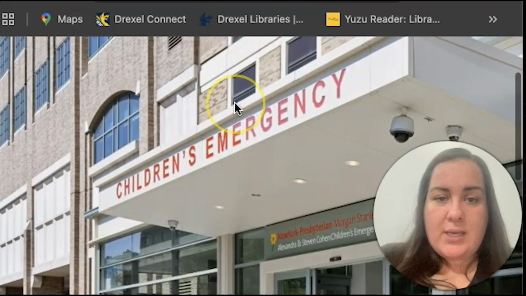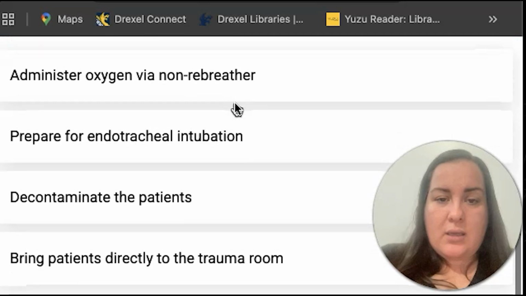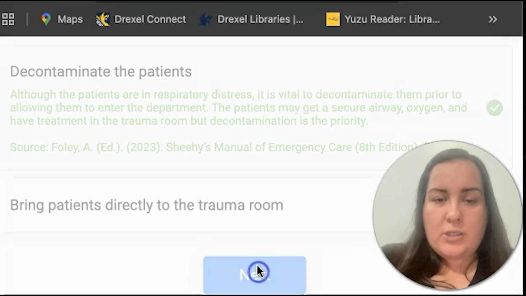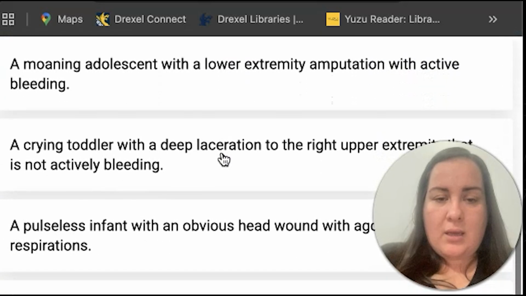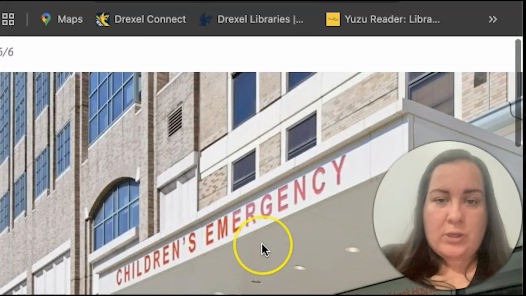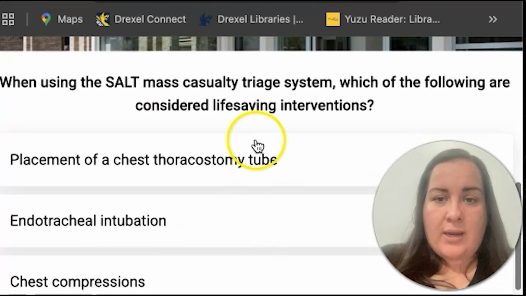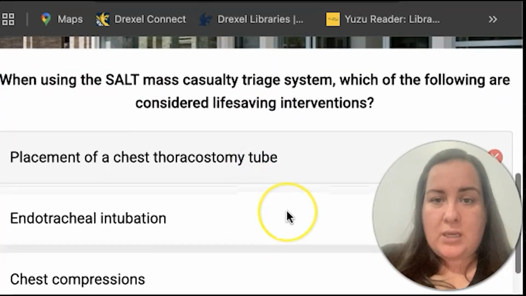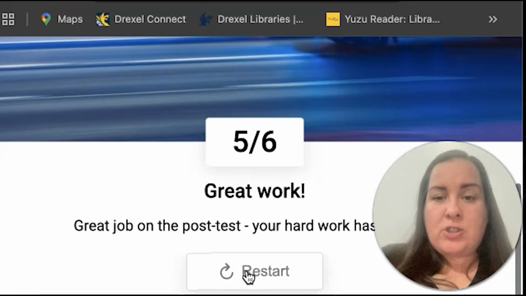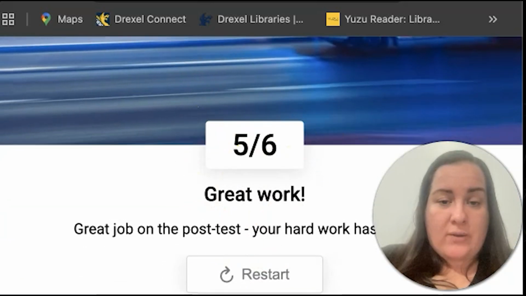And as I go through this, you can see all of the information that they would learn. And if they got an answer incorrect, you would see the reason why. But when they're correct, they would have the rationale behind it. So it was an interactive way of them demonstrating their mastery of the subject.